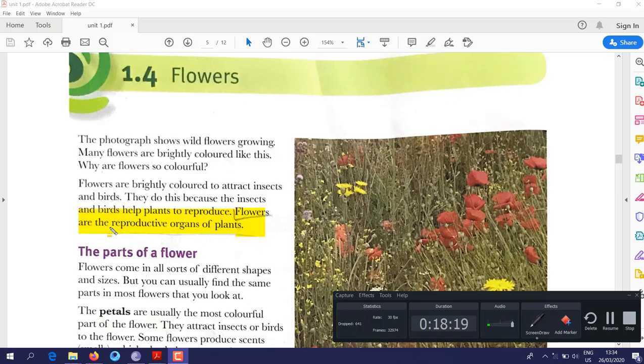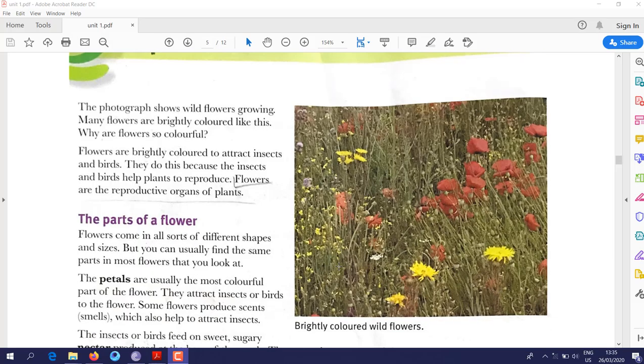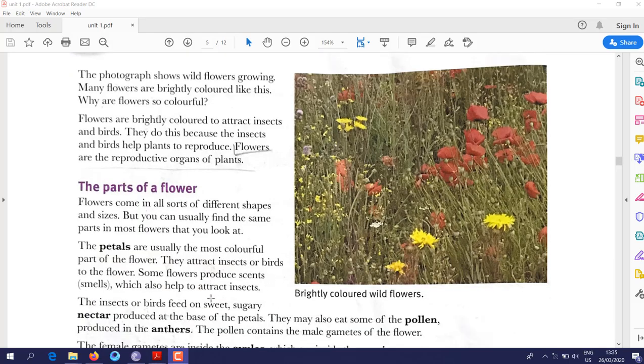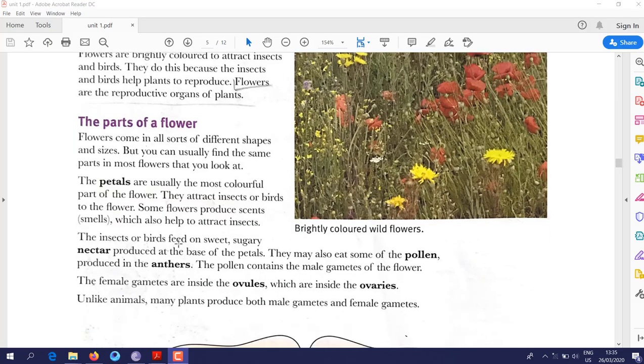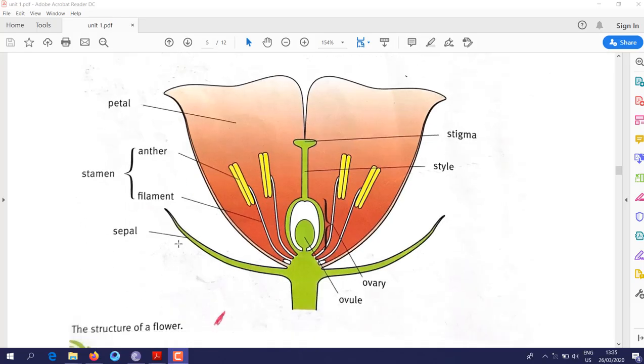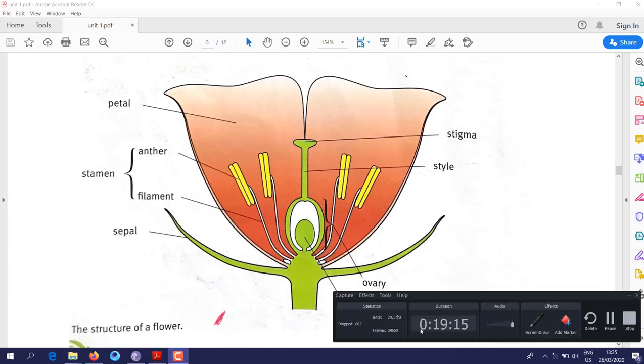What does that mean? For plants to reproduce, they need flowers. If we take a look at a flower, it looks like this, and it has different parts, each part with a specific function.